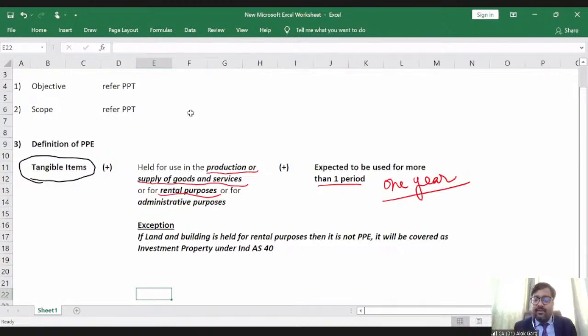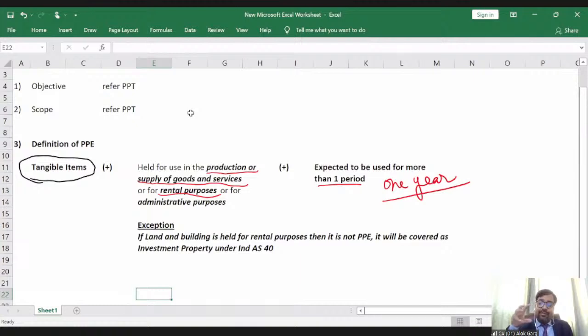For the companies which are providing cranes on rental basis, these cranes are Ind AS 16 property, plant and equipment. Companies are providing tractors on a rental basis to the farmers, to the contractors for plowing the fields, right?